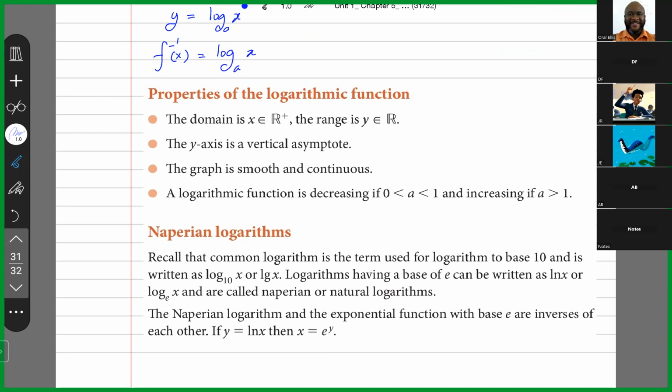Neperian logarithm and the exponential function with base e are inverses of each other. Just like a to the x and log to the base a of x are inverse functions, e to the x and log to the base e of x are also inverse functions.